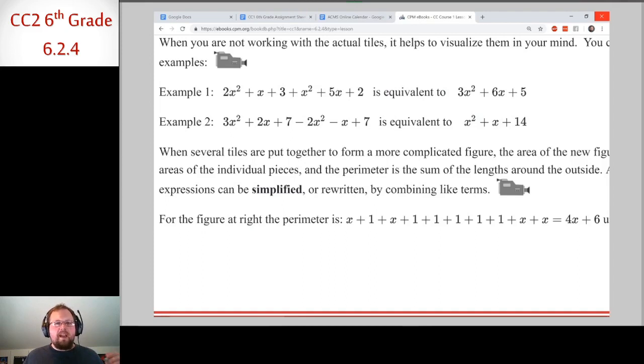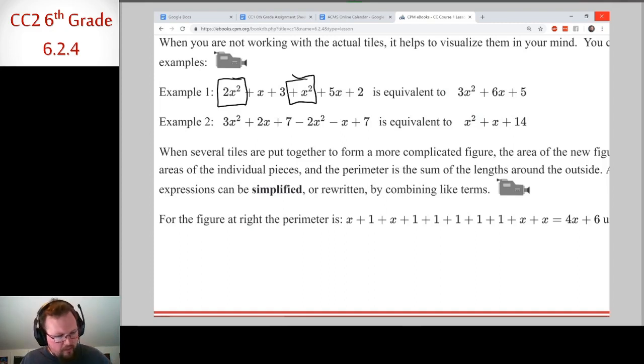A trick that I have seen is that you can draw different shapes around different types of expressions. So 2x squared, and then you look through this expression and you find any other x squared expressions. Again, I'm keeping the plus signs in there. It's important. When I combine these, I say, well, you have 2x squared tiles, and then you have another x squared tile.